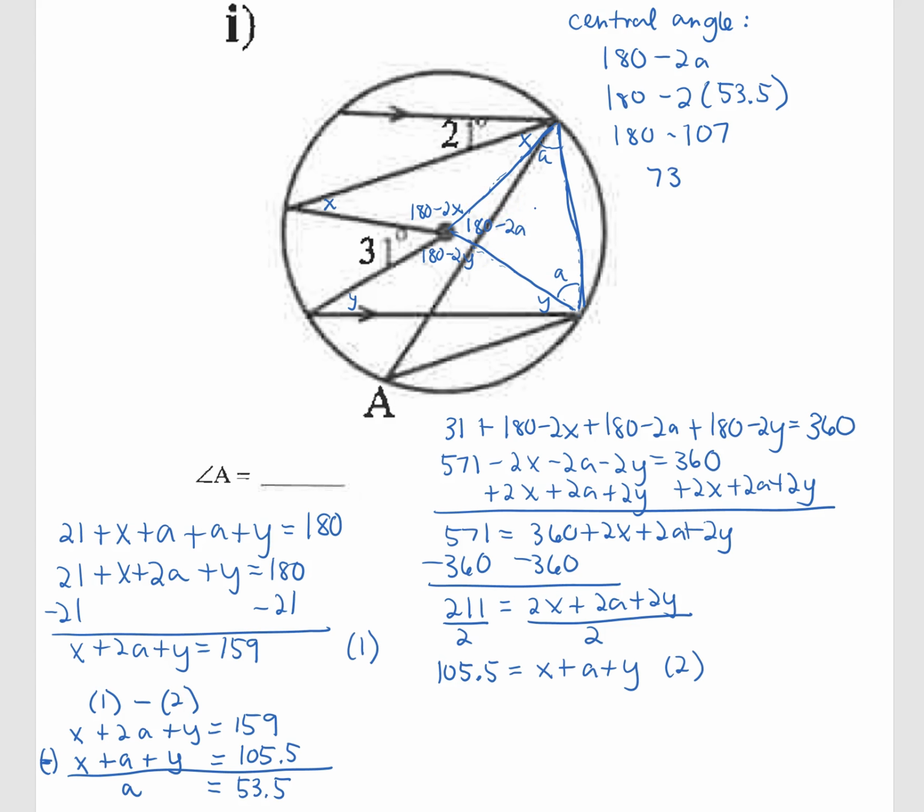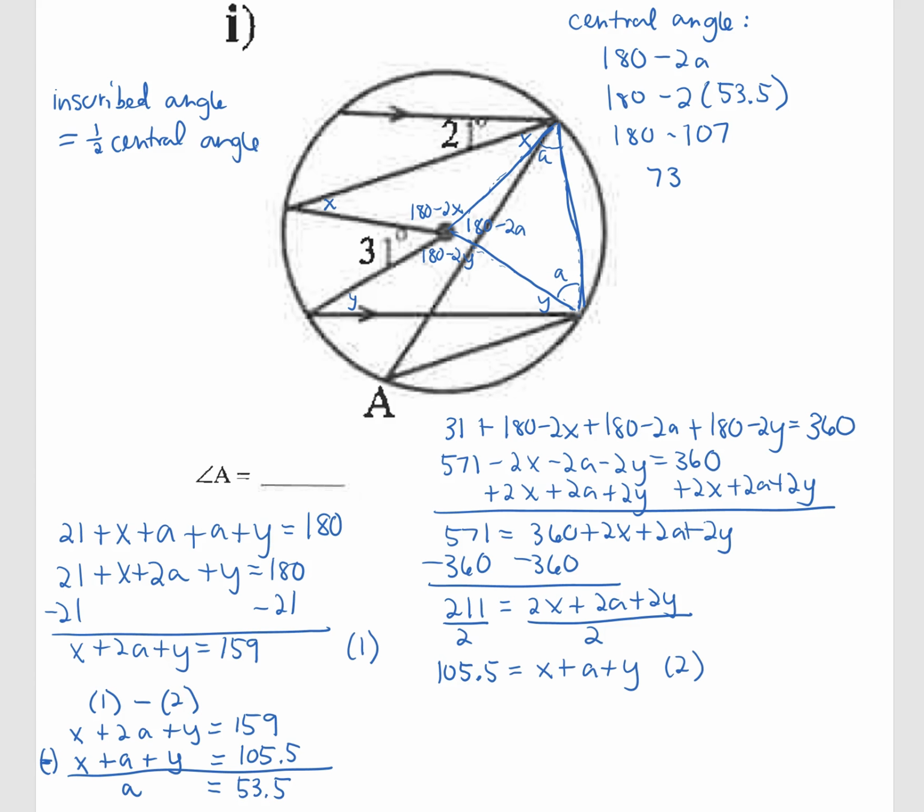So if we remember a relationship between central angles and inscribed angles with the same chord or same arc, we remember that an inscribed angle is equal to 1/2 of a central angle with the same chord.